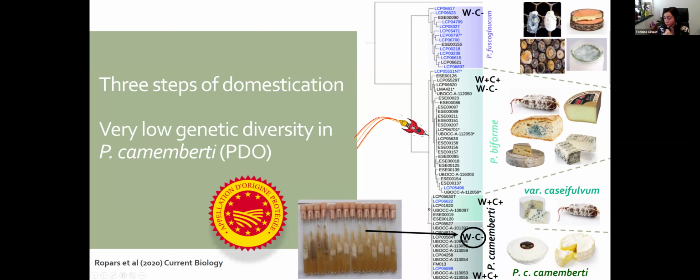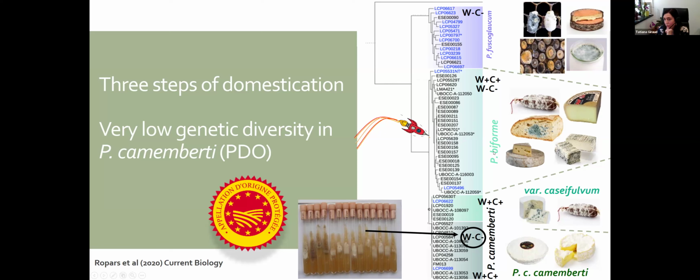Interestingly, again, Penicillium camemberti had no diversity at all. It was just a clonal albino lineage, with a Starship element, except one old strain we found in the National Museum of Natural History in Paris, collected in 1905, which did not have the Starship element. So maybe the Starship occurred after that.